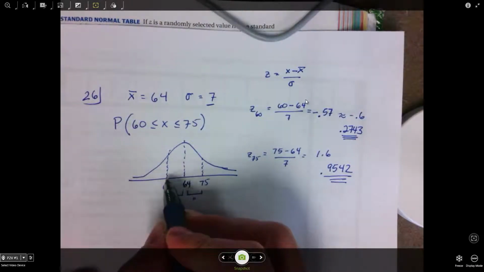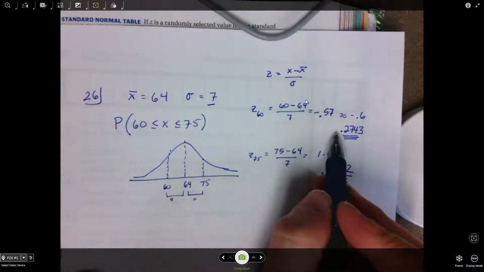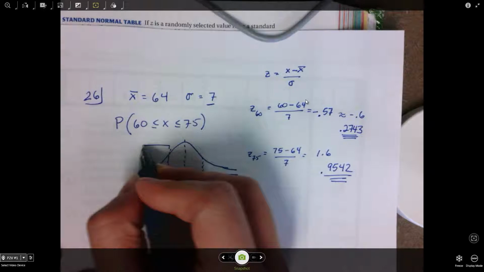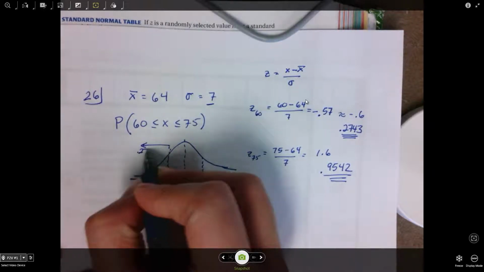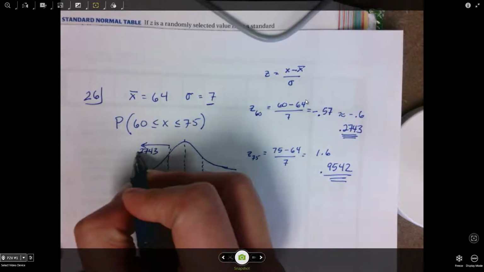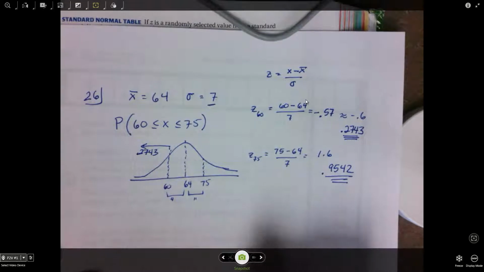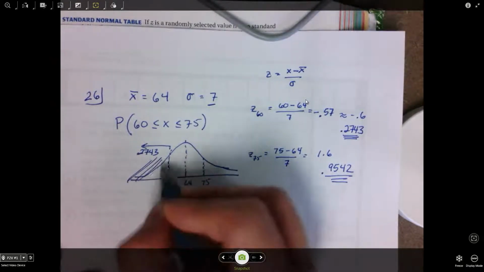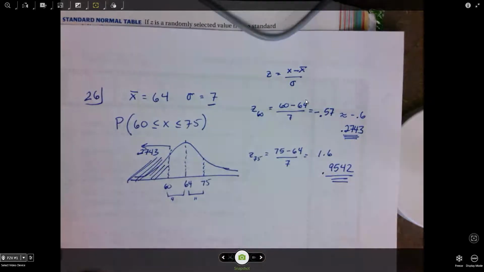So since this was where my 60 is, and the number associated to that is 0.2743, I can say that 0.2743 is the probability of being to the left of that value.